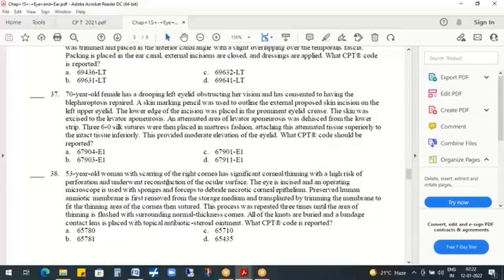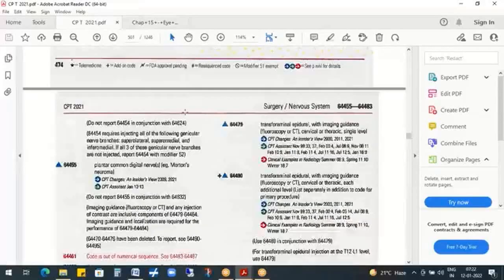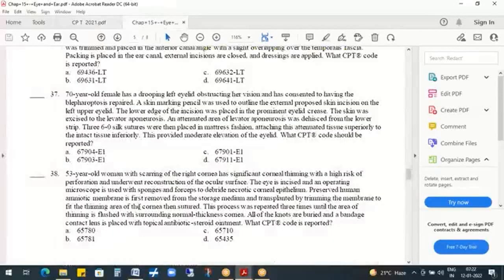A. Any other? I need to explain this. Sir, why not option C? Okay. Go for 67901 then.